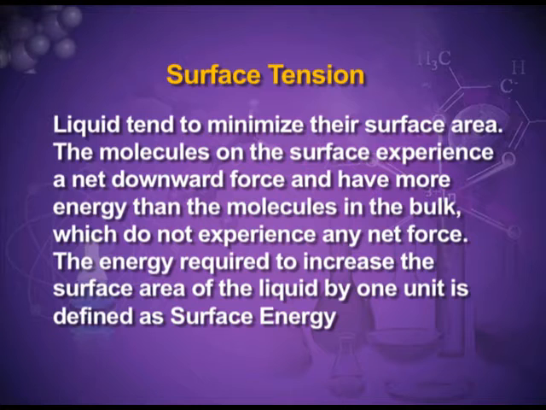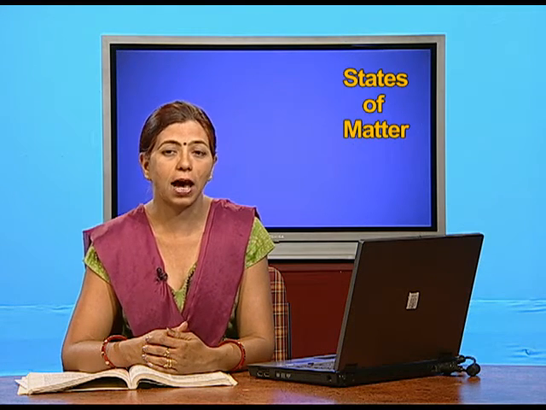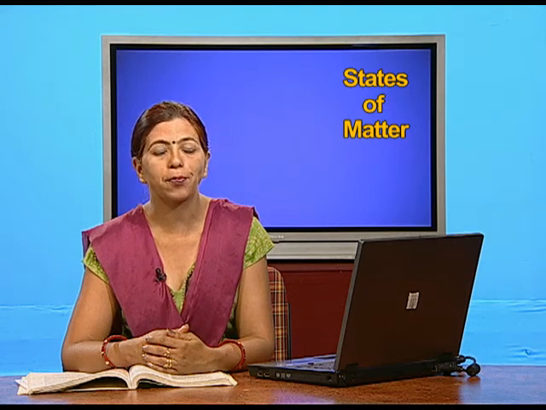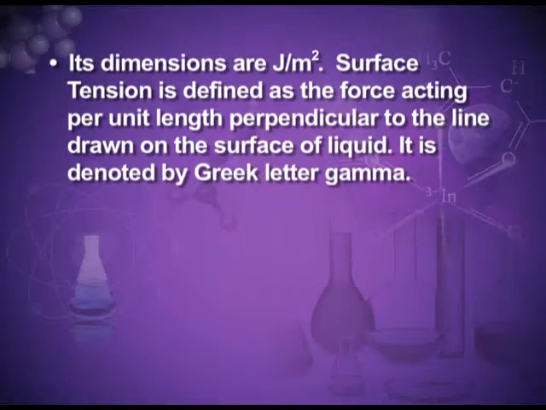The energy required to increase the surface area of the liquid by 1 unit is defined as the surface energy. Because of surface tension, the surface of the liquid acts as a stretched membrane, and the unit force acting downward is known as the surface tension. Its unit is joules per meter square.